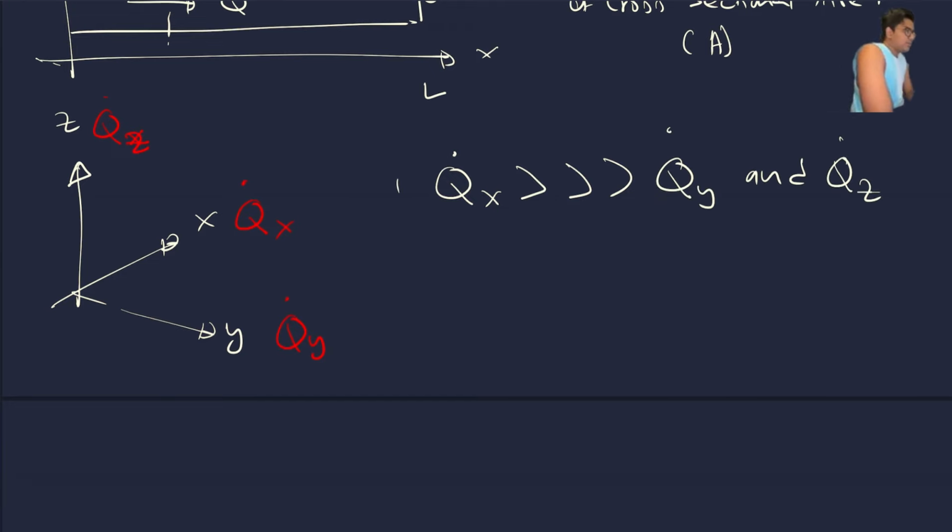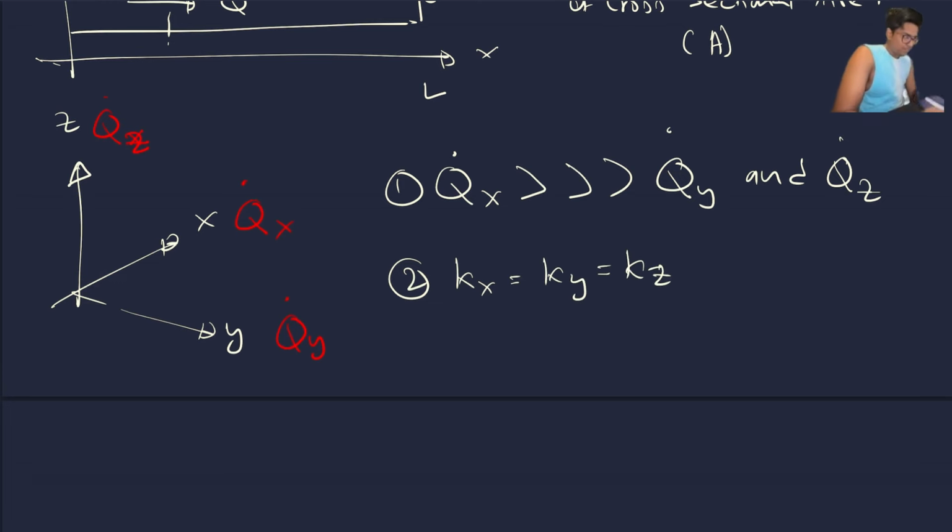That is one main assumption. The second assumption is that the thermal conductivities Kx, Ky, Kz are the same in all X, Y and Z directions. That is, we assume it's an isotropic material.